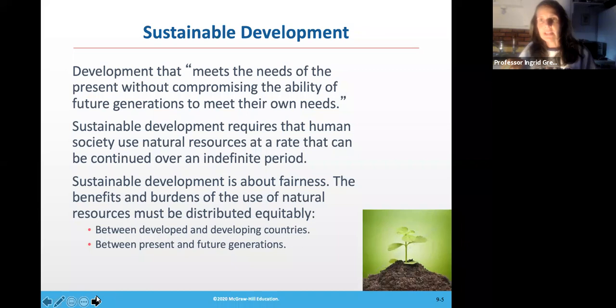I think of countries like Ecuador or a lot of countries in Latin America, right, that have to cut down trees to sell, to support their economy, to sell for paper products, right? So there's a fine balance between developed and developing countries, and then also between present and future generations, right? So maybe you're of the mindset like, who cares? I'm not going to have any kids, so it doesn't really matter if we have water for the next 100 years.